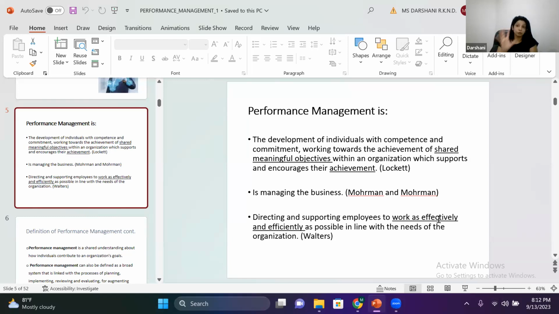So that's what we want to do. We evaluate you, teach you, train you, and guide you to make more competent and committed employees. So that is effectiveness. Efficiency, as we discussed, means you do things right. There, you do the right things.